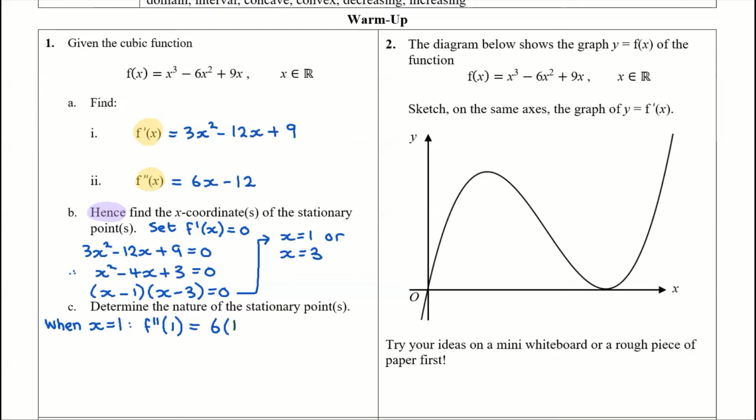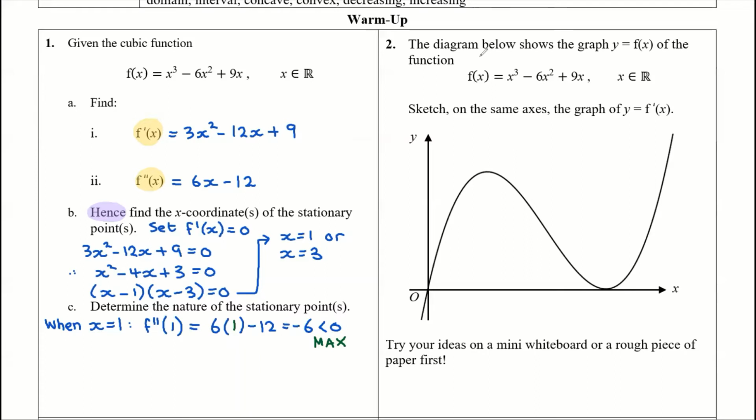Okay, and now we're going to subtract 12. So that's going to equal negative 6, which is less than 0. And remember, it's the sign of this value that is important. If it's negative, please remember that that indicates it's a maximum, which is the nature. Okay, the nature means that is it a maximum, a minimum, or a point of inflection?